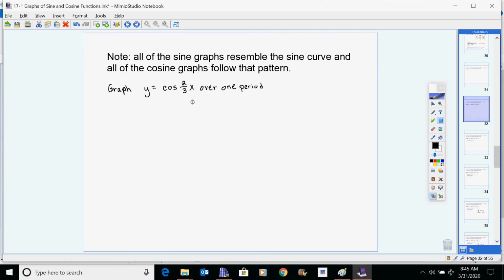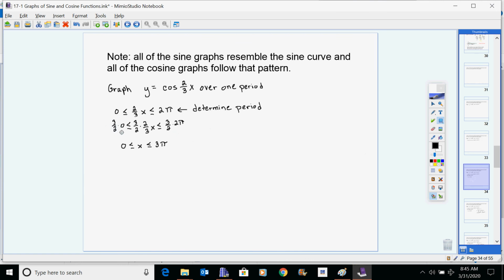The period of a normal cosine is 0 to 2 pi, so we're going to start by putting that between 0 and 2 pi to determine the period. We need to get x alone, so you might remember that in order to do that, multiply times the reciprocal. We will multiply 3 over 2 times each one of these pieces.